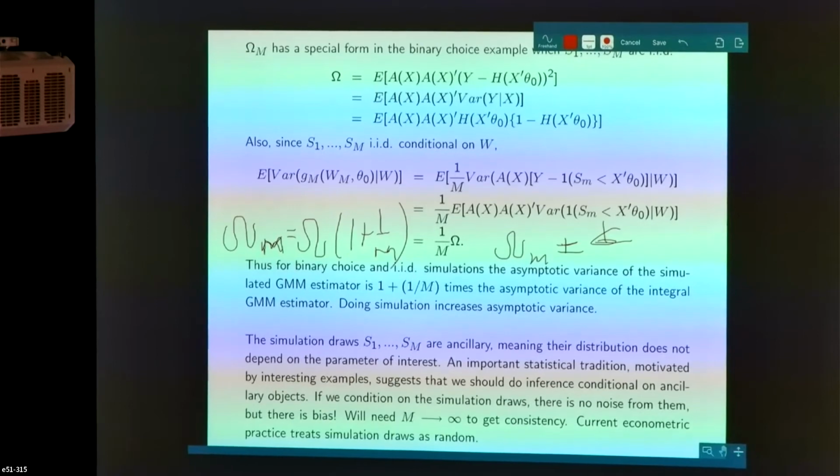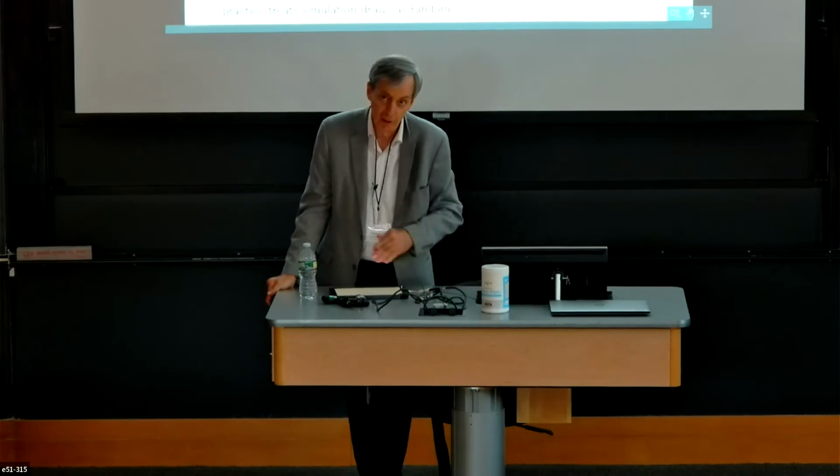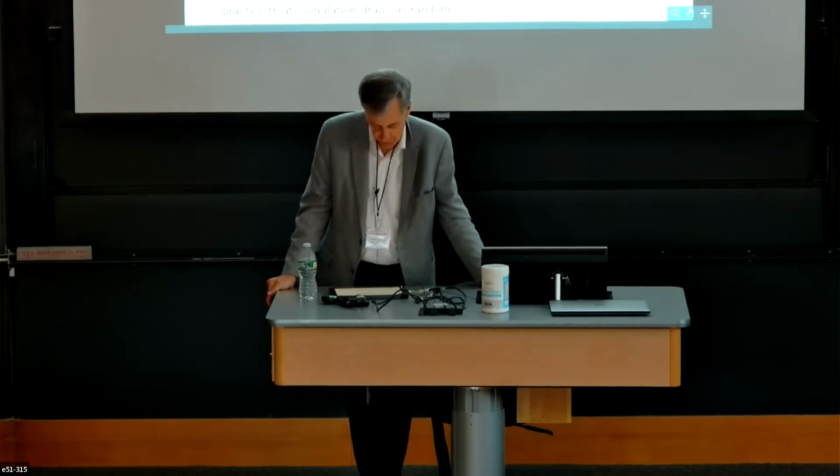Another interesting thing about this, and there have actually been papers written about it a long time ago, and nobody's paid any attention, so that's fine: simulation draws are what's called ancillary, meaning their distribution does not depend on the parameter of interest. Early on in statistics, an important tradition, motivated by some interesting examples, suggests that we should do inference conditional on ancillary objects.